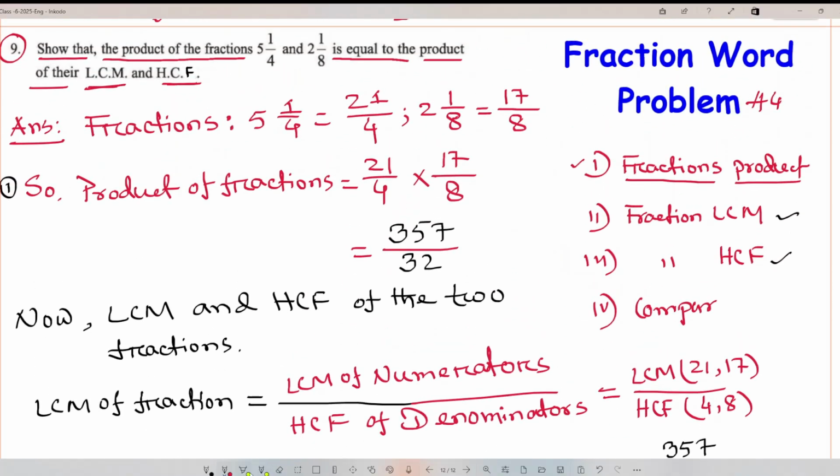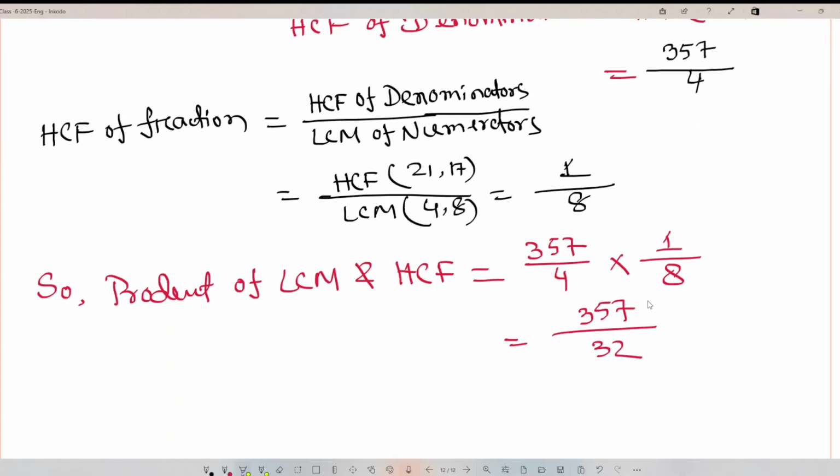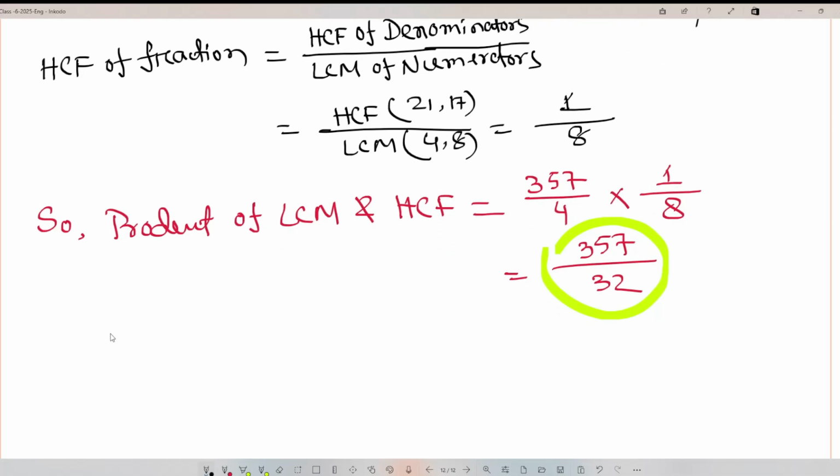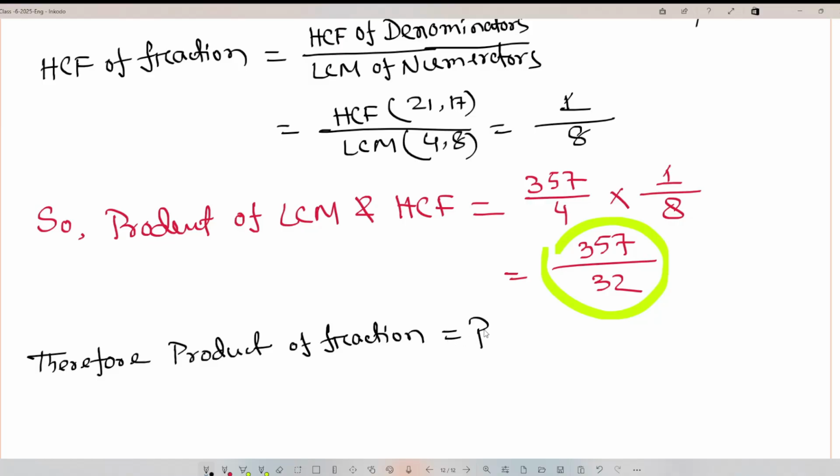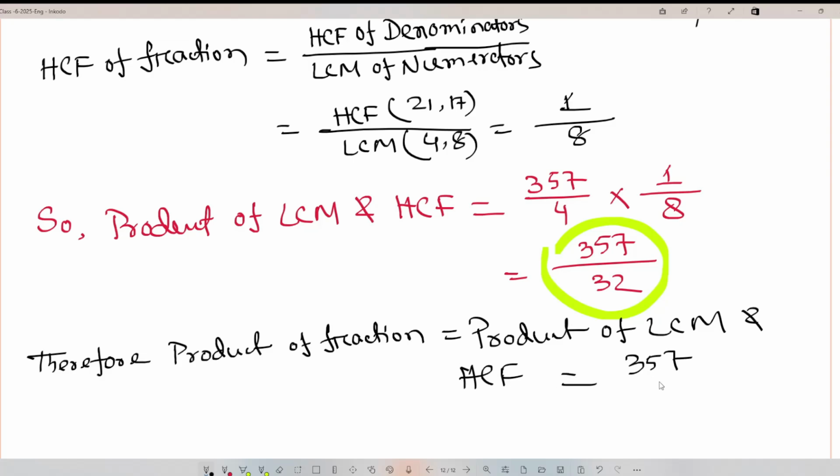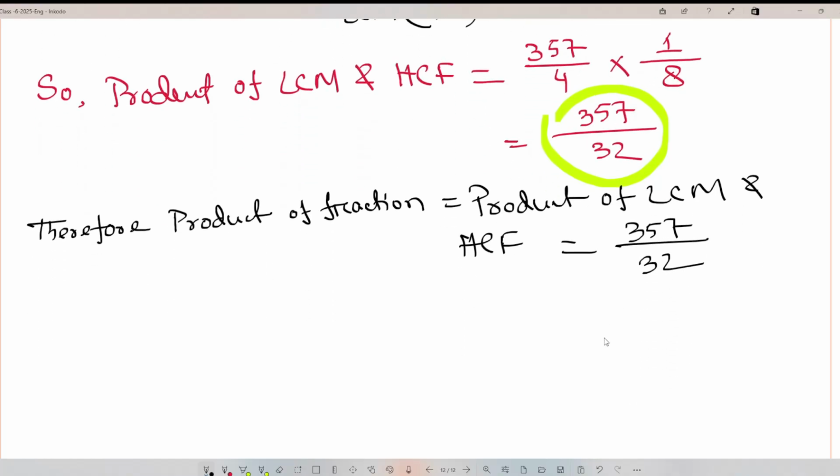Now look, the product of the fractions was 357/32 and the product of LCM and HCF is also 357/32. Therefore, the product of fractions equals the product of LCM and HCF equals 357/32. We can write: proved.